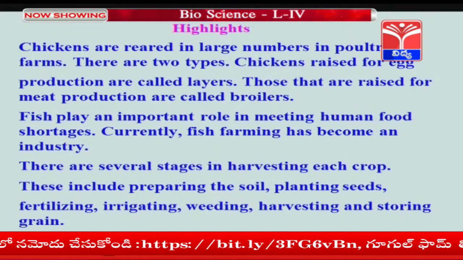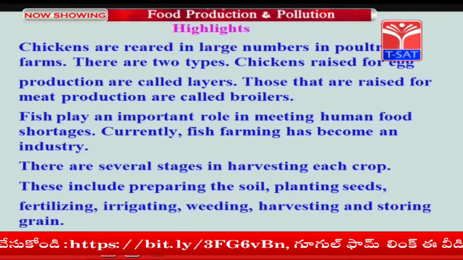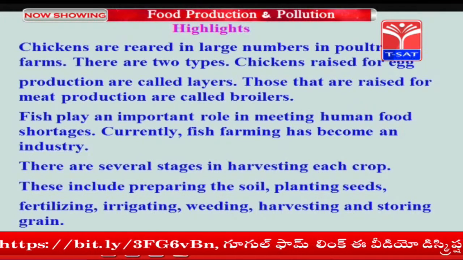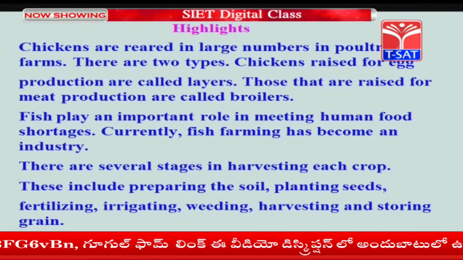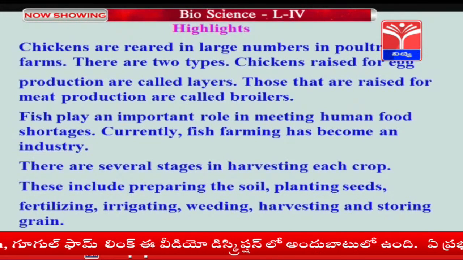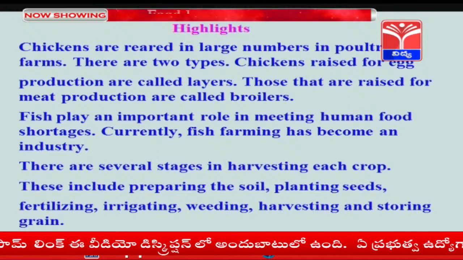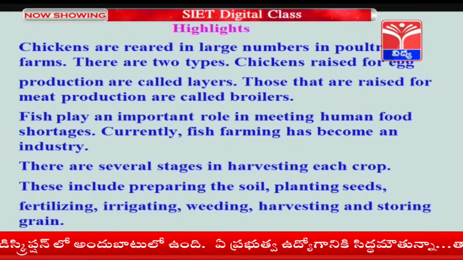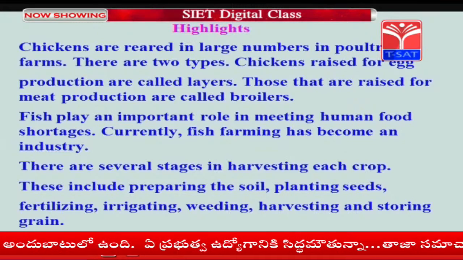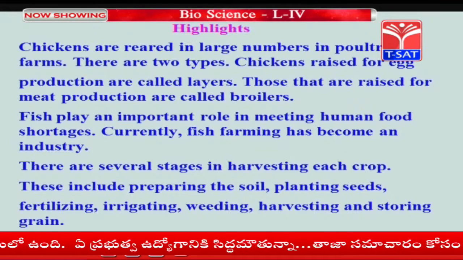Fish play an important role in meeting human food shortages. Currently, fish farming has become an industry. There are several stages in harvesting each crop. These include preparing the soil, planting seeds, fertilizing, irrigating, weeding, harvesting and storing grain.